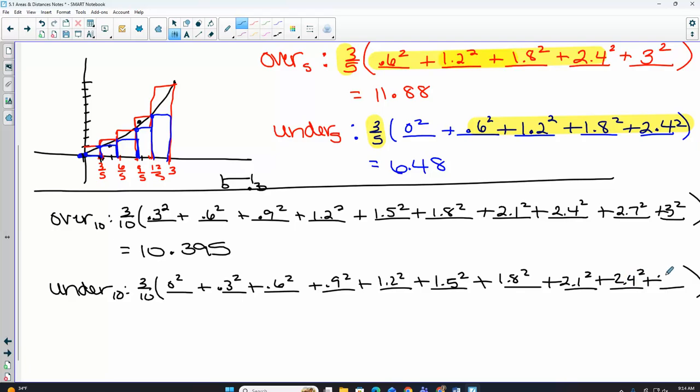And so you'll notice this one ends before 3. It ends at 2.7. If you want to make life easier, you could bring up what you just typed in. The only difference is instead of having a 3 squared, we had the 0 squared, right? So you could bring that back up and just change that point. And so what do we get?